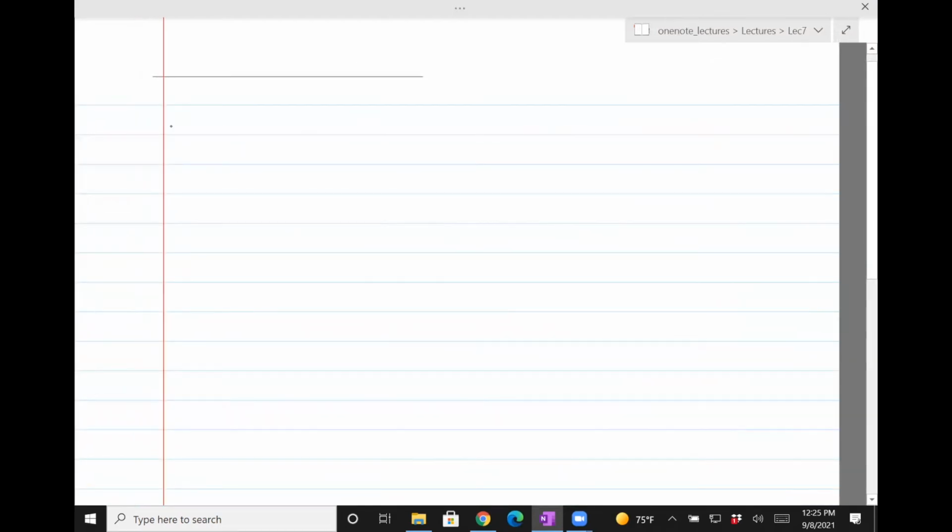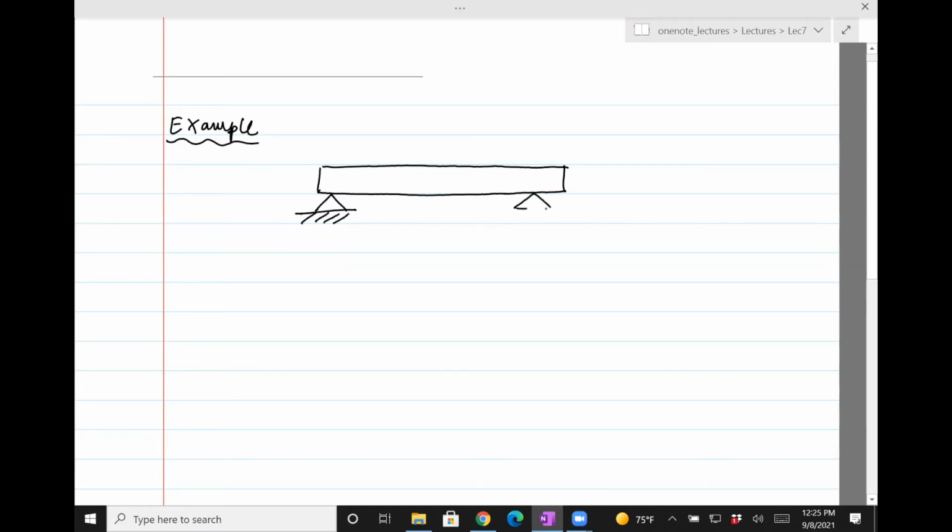So here's an example. A beam is subjected to loads of a 15 kilonewton load on the left and a 6 kilonewton load on the right.